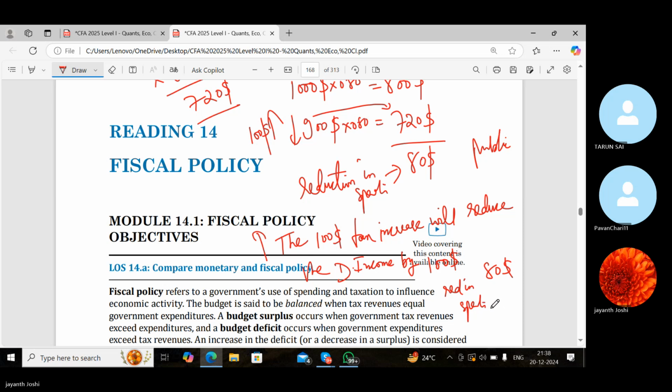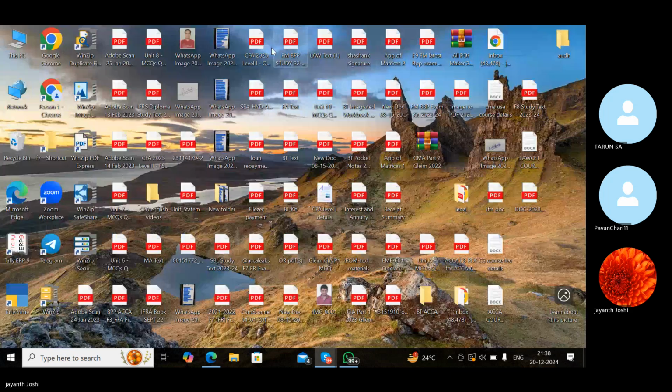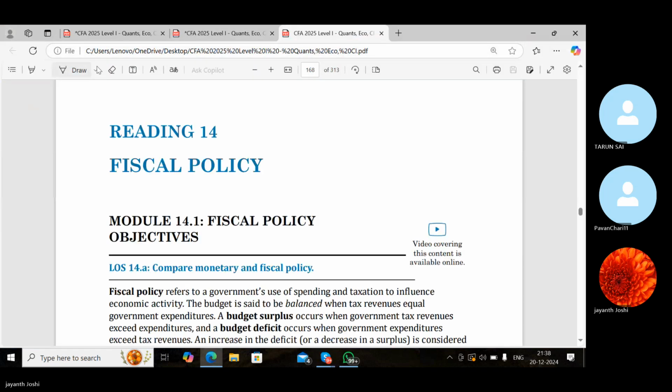Okay. Now, next step, what happens? So we'll take a fresh page now. So there is a reduction in spending of $80, right? $80 spending reduced.